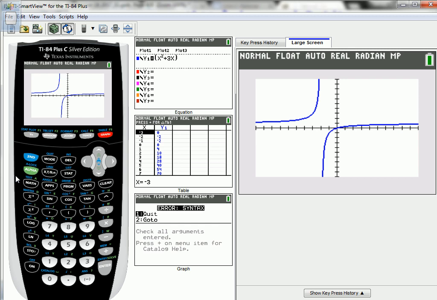You said that the y value of the hole is at 3. How do you find that? Okay, so what we would do is look at the limit of the function as we approach negative 3 from the left and as we approach negative 3 from the right.